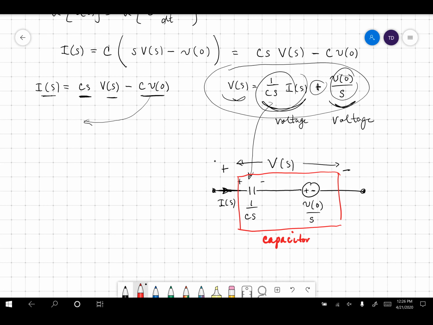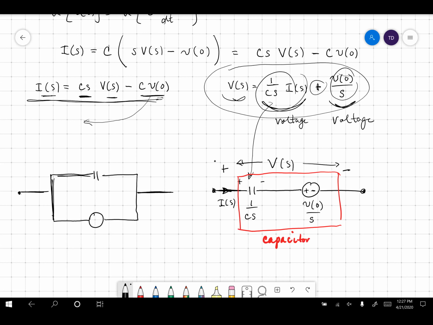Obviously, it includes its initial conditions. If I use either source transformation or use this equation over here on this side, using this equation for the I, what we have is this, the current source. Obviously, the capacitor value is 1 over CS.